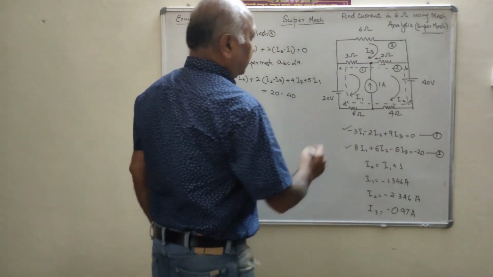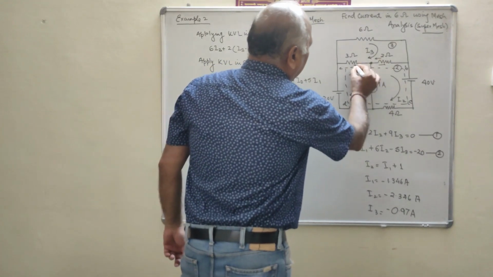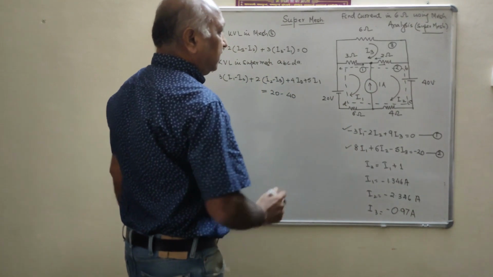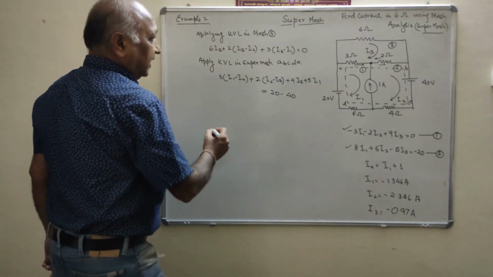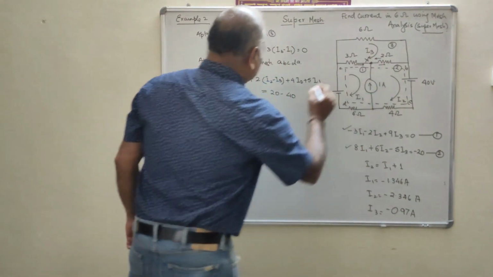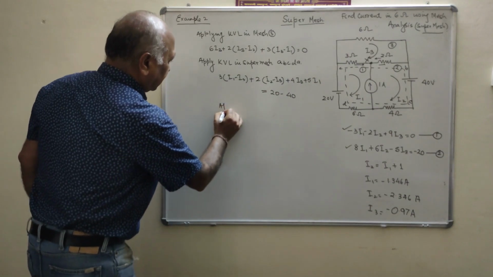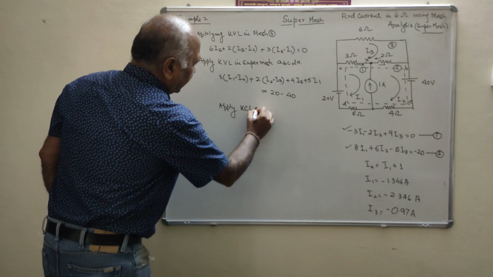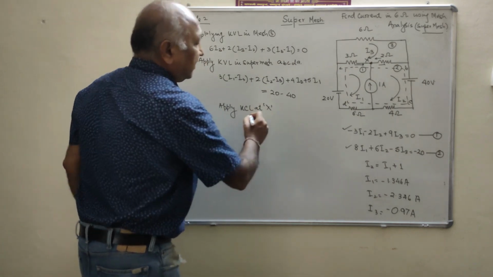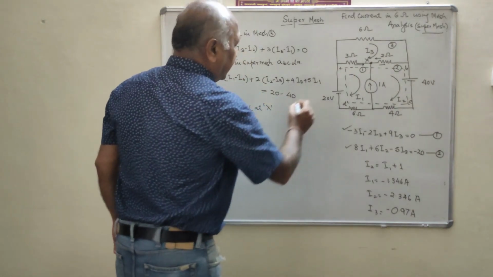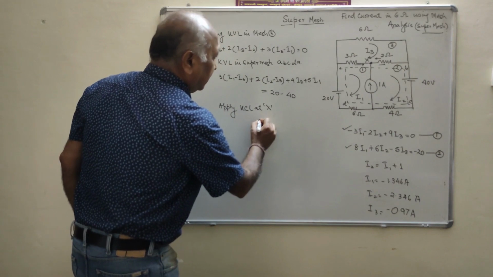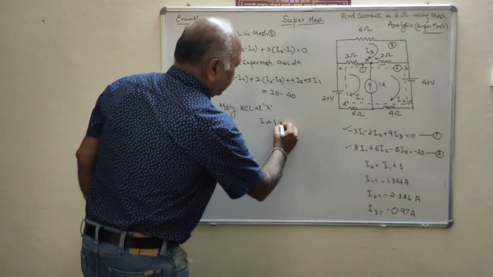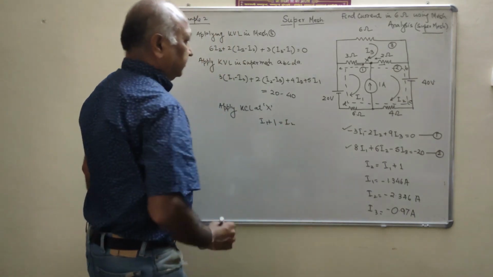Clear? Now we will apply the KCL. You will see this is the 1 ampere. I1 is the incoming, I2 is the outgoing. Say this is the point X. Now apply KCL at X. Incoming current is I1 plus 1, that is equal to I2.